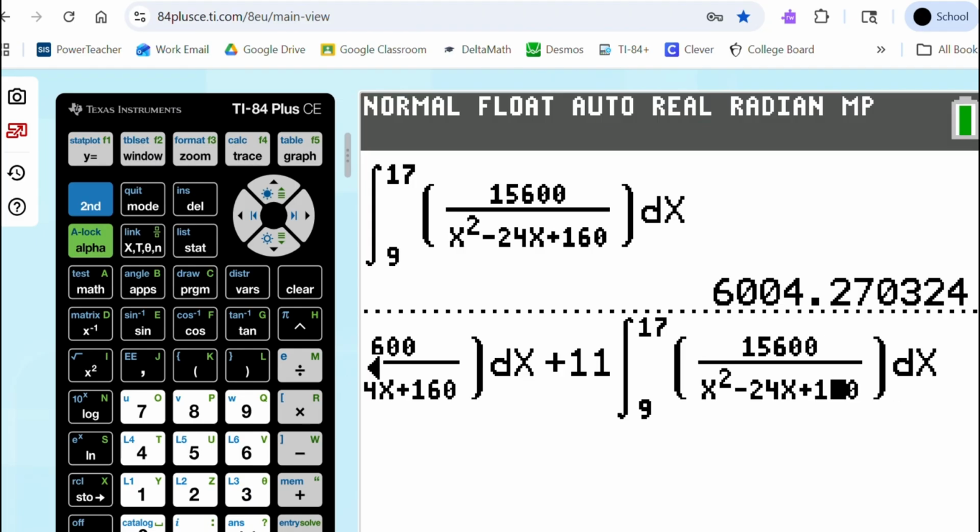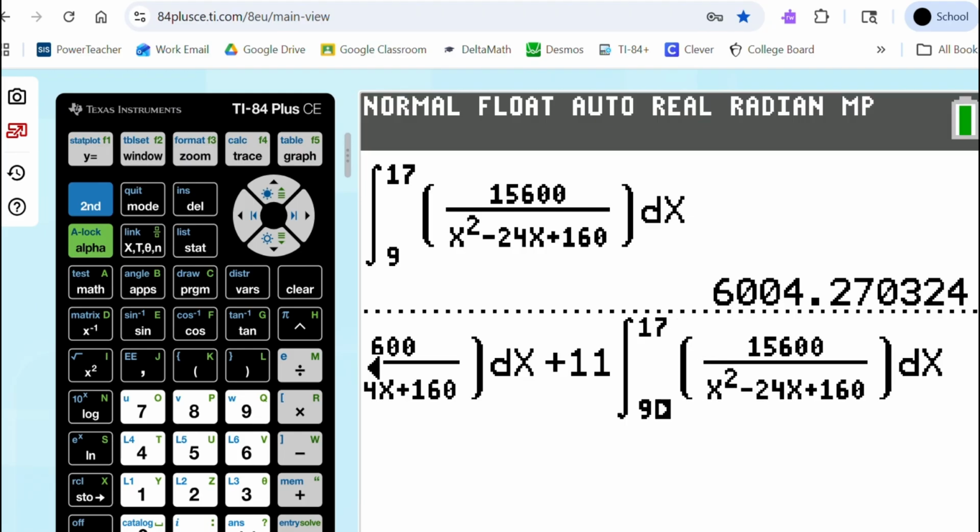And then I'm going to say plus 11, and I'm going to go back up and just do that again. But I don't want 9 to 17. Now I want my lower limit to be 17, and I want my upper limit to be 23. And so I don't have to retype the whole function every time. I can just go back up, highlight the one thing and change it.